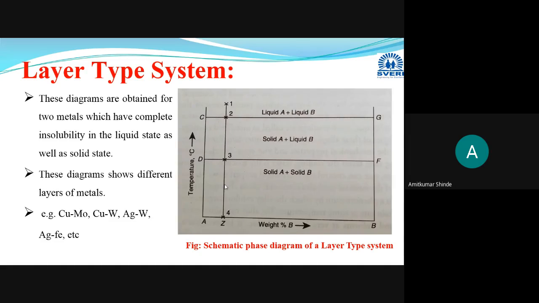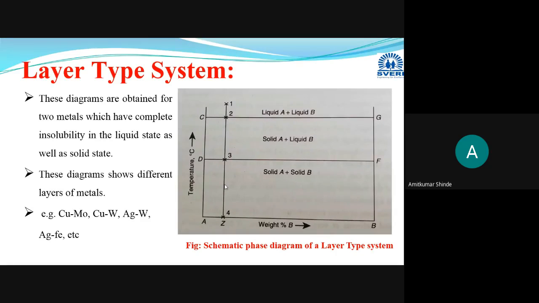Suppose silver and iron is there, you will see a different layer of silver and a different layer of iron. Their morphology or appearance will be different, meaning they are forming different layers. That's why this type of system is termed a layer type system. Whenever you observe their microstructure or morphology with the help of a microscope, you will be able to see different layers or different horizontal lines and vertical line structures.